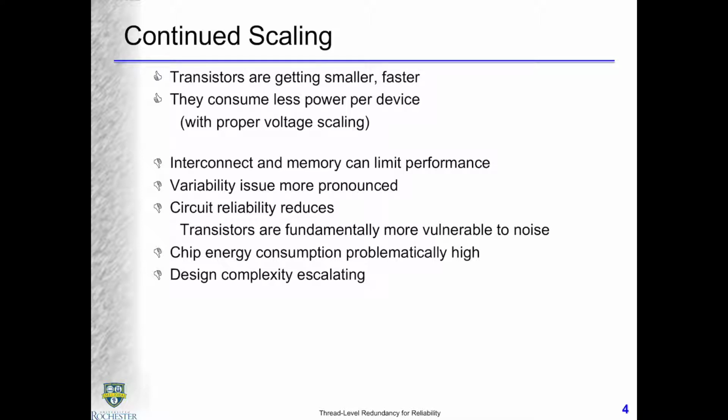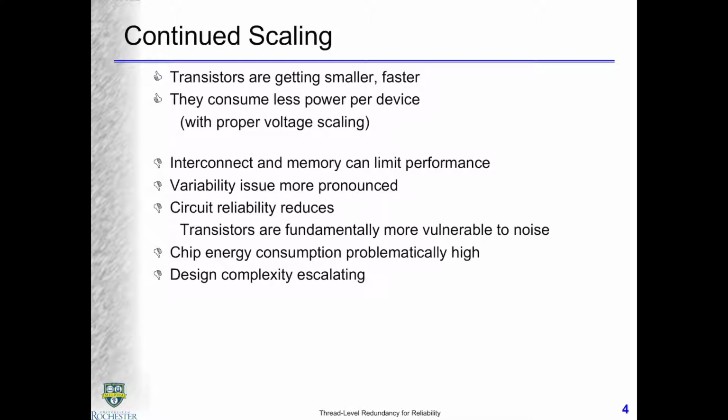Another problem is that variability becomes more pronounced. You can't make two devices that are more or less the same anymore. They're very different, and because they're getting smaller, the reliability is getting less.